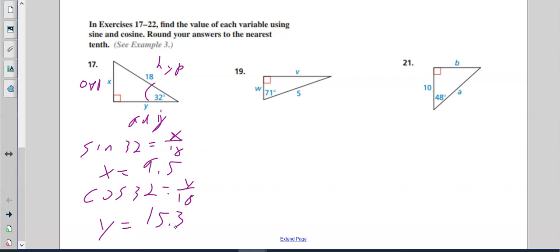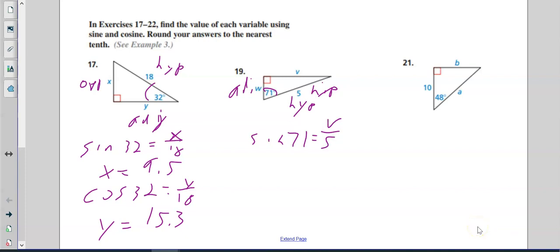Again, here it always helps to lay everything out. This is our hypotenuse. From 71, w is the adjacent, and 5 is the hypotenuse. So, sine of 71, from 71, sine is opposite, so opposite is v over 5.